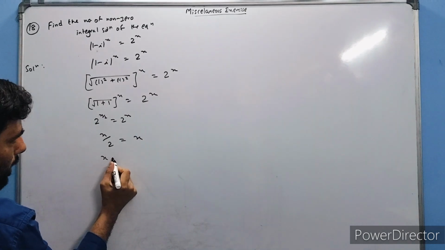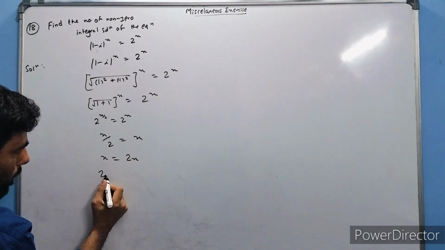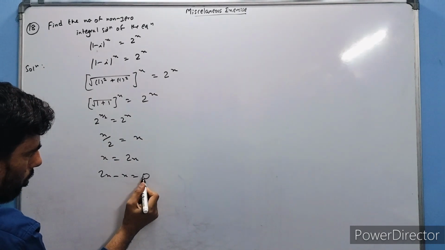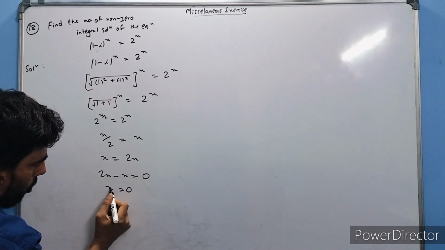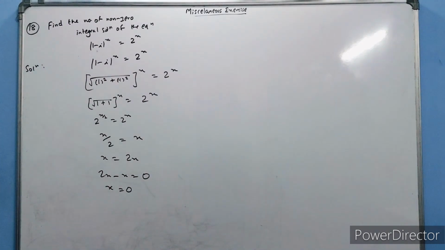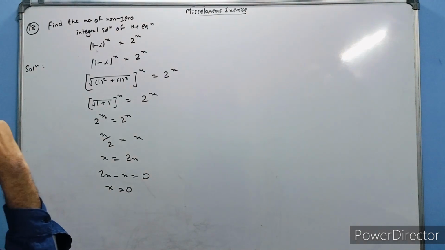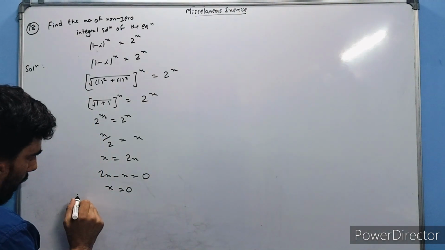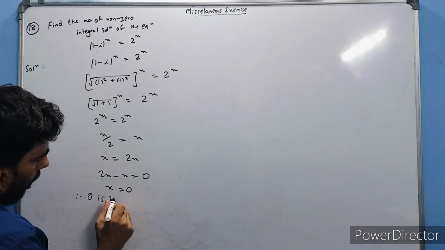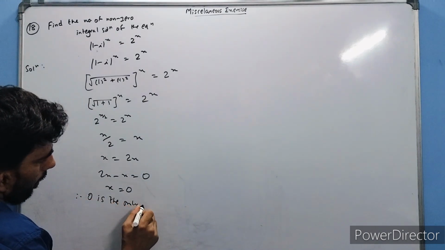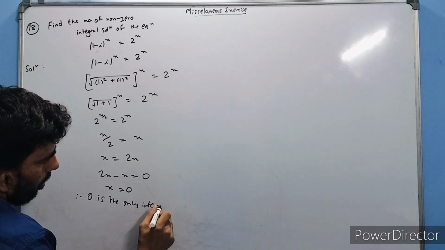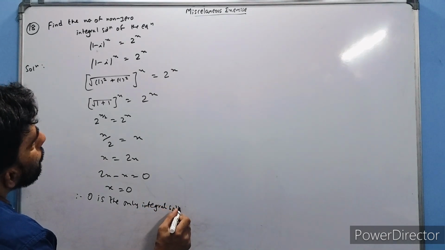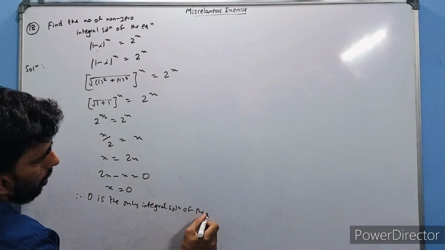We can take x is equal to 2x. We can take 2x minus x is equal to 0. So we have x is equal to 0. So 0 is the only solution, so there is no non-zero integral solution of the equation. Therefore, 0 is the only integral solution of the equation.